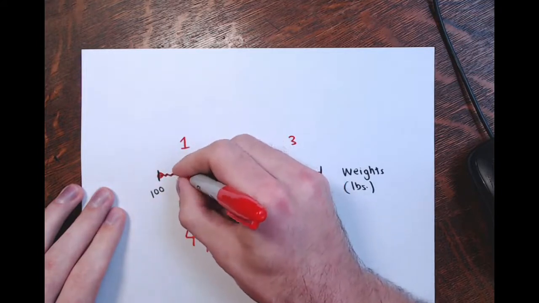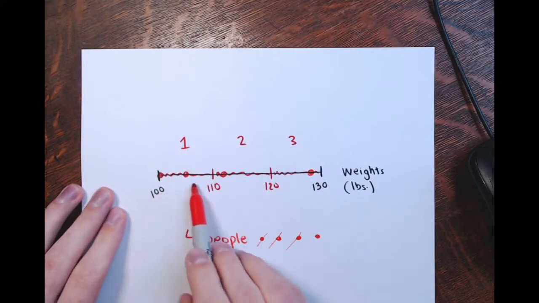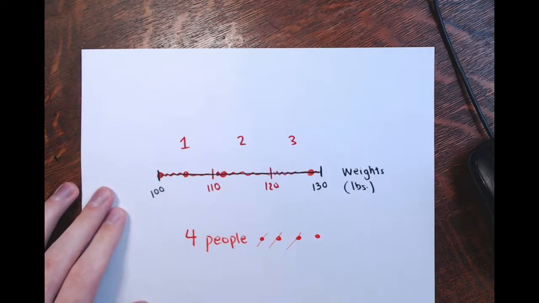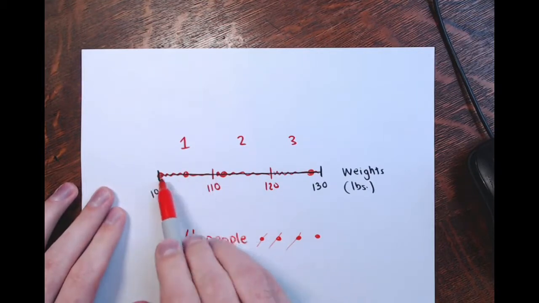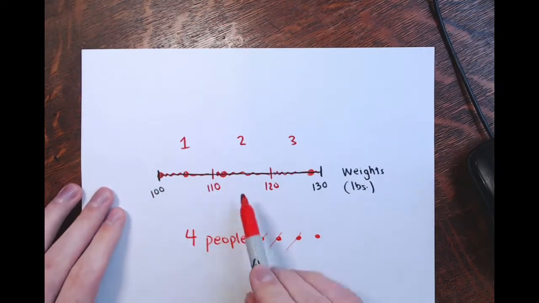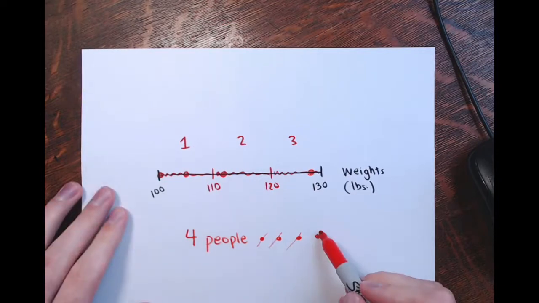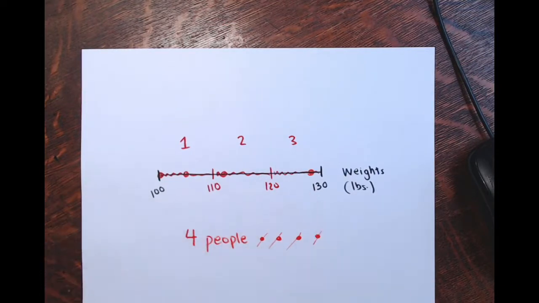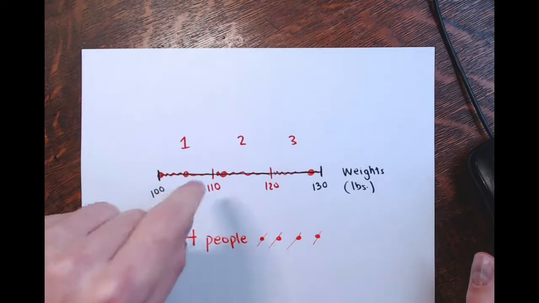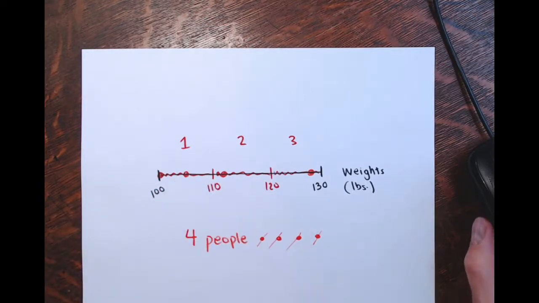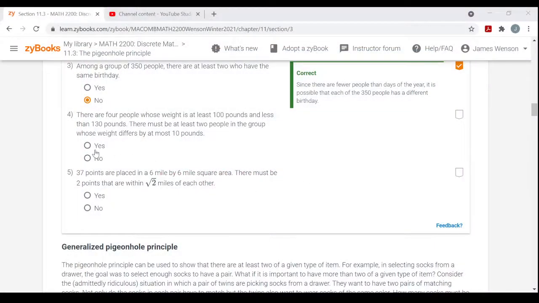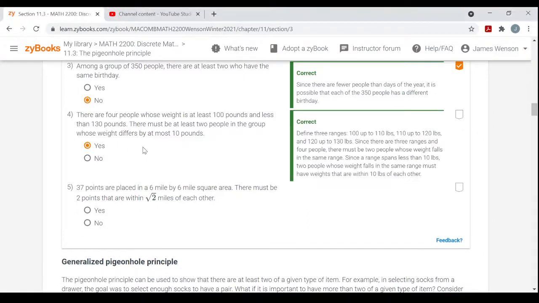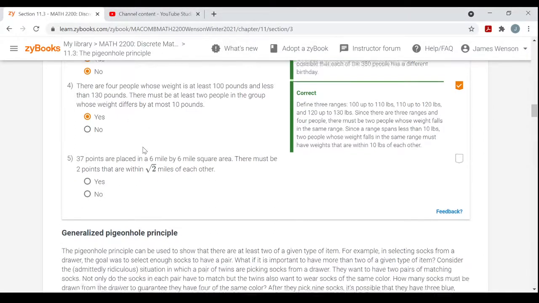And if you share a region, the difference in your weight is at most 10 pounds. I mean, you could have 100 to 110, but the difference is at most 10 pounds in any of these regions. And by the pigeonhole principle, 2 people have to share one of these 3 regions. So yes, 2 people have a weight that differs by at most 10 pounds.